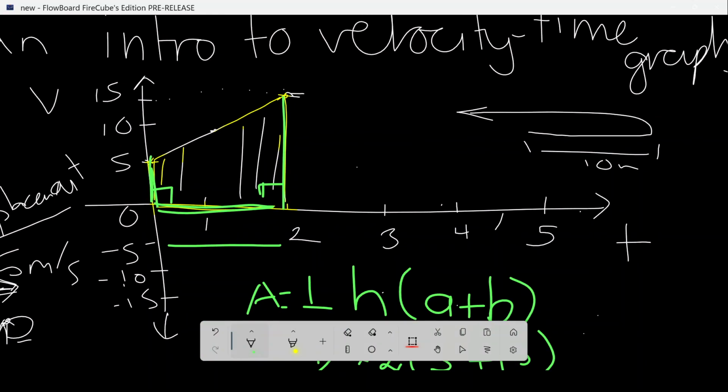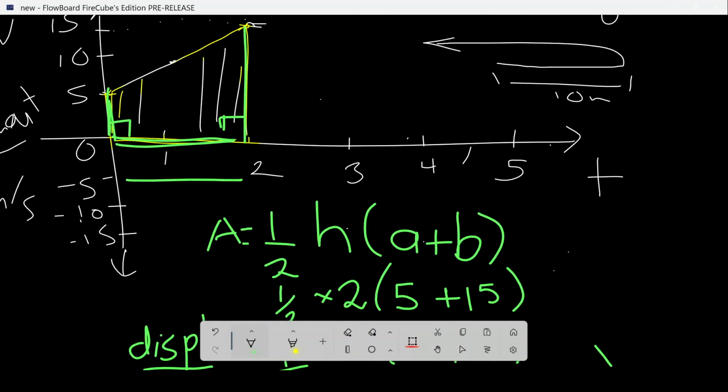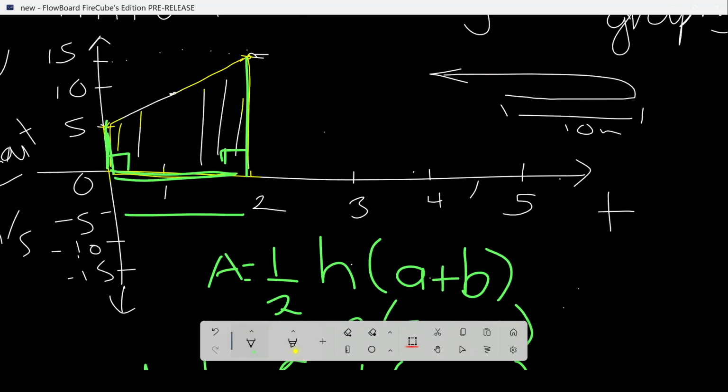Now what's important to realize about this is that this equation only works if we're calculating the area of a trapezium. If we're not calculating the area of a trapezium, we couldn't have used the half height a plus b in the first place, right? We would need to use another formula. So what would we do if we had a curved graph?